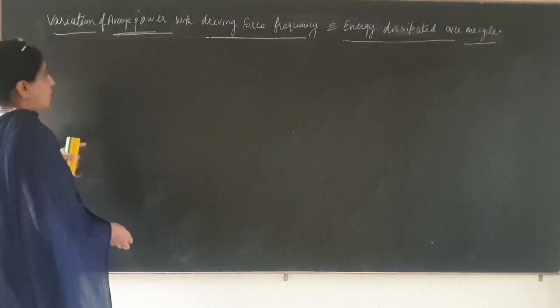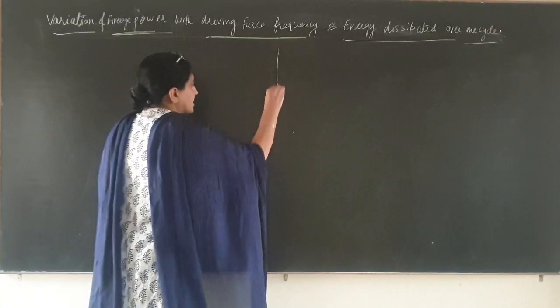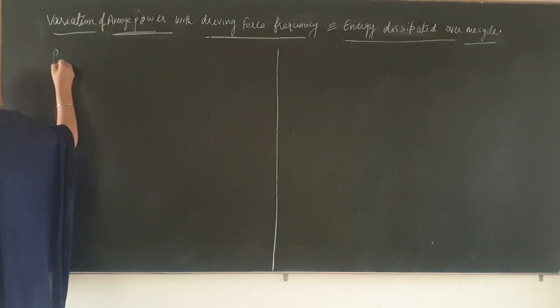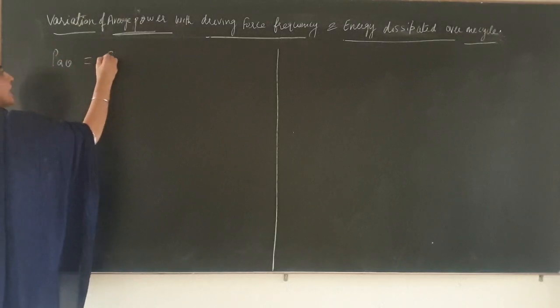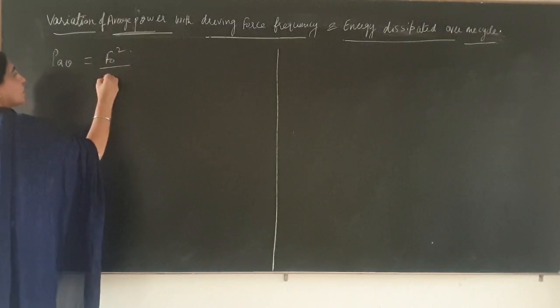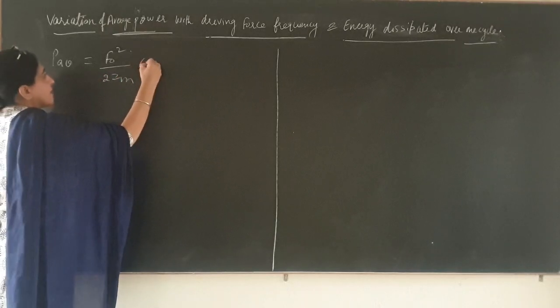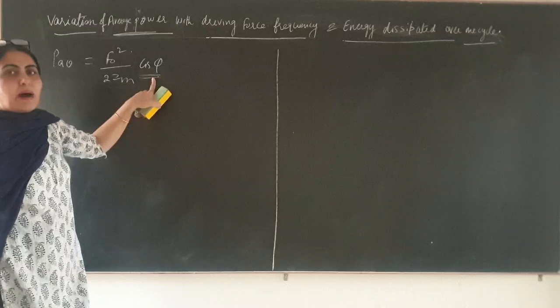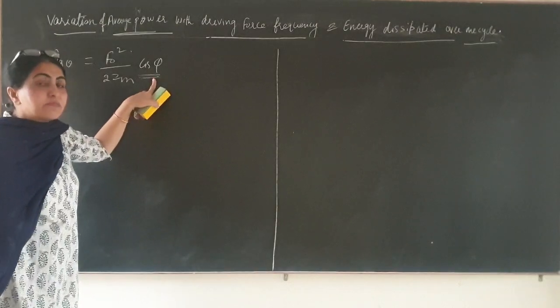Clear? So we have done in the previous lecture that average power P average is equal to F naught square over 2 Zm cos phi, where cos phi is the power factor, and when it is 1, the power supplied to the oscillator is maximum.